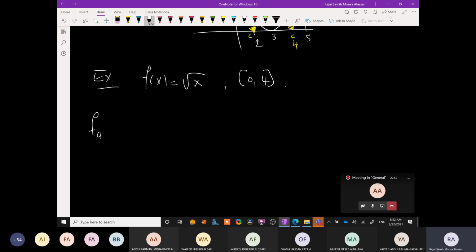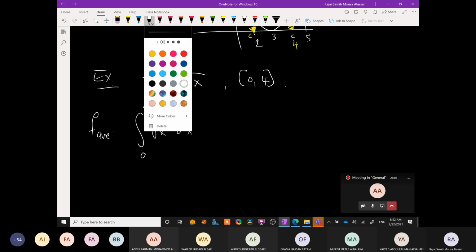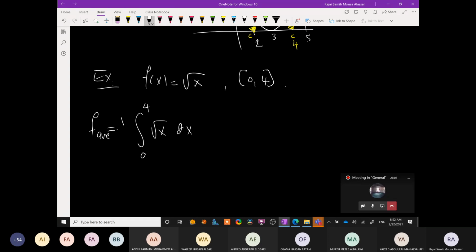So first of all, we calculate the average value, which is what? 0 to 4 function dx, and we have to divide that by the width, yes? Is that okay, Sean? Yes. Okay, so if we calculate that, you see that without doing any arithmetic, this is 4 over 3.